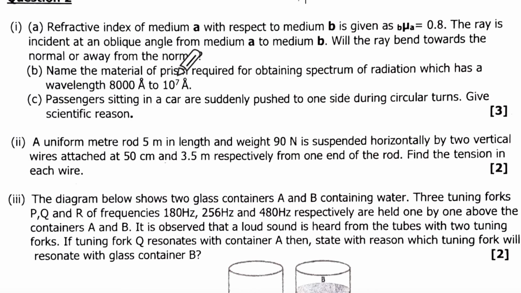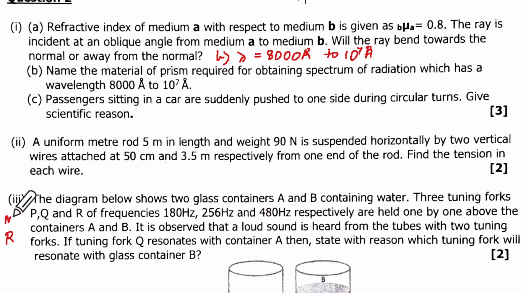Name the material of the prism required to obtain the spectrum of radiation that has wavelength, for B, lambda equal to 8,000 angstrom to 10 to the power 7 angstrom units. For this, I have told you the diagram. What did I tell you?